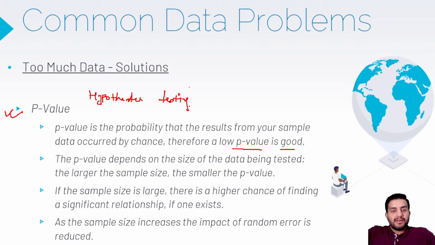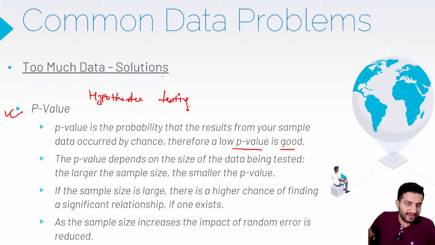By that, we mean that the P value tries to identify how good those points are to justify what is happening in my target.